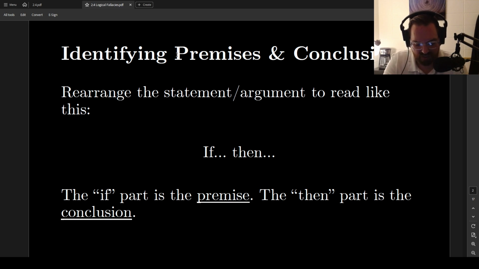Oftentimes, when you're engaging in an argument, and I mean any argument, it can be like when you're online and you're identifying all these logical premises that people are posting. That's just one form. But in reality, we deal with argumentation almost on a daily basis.